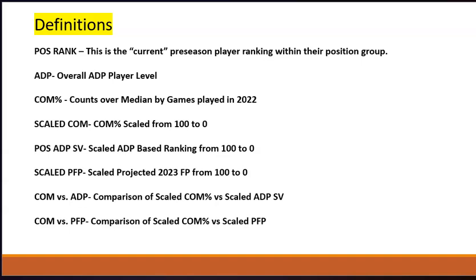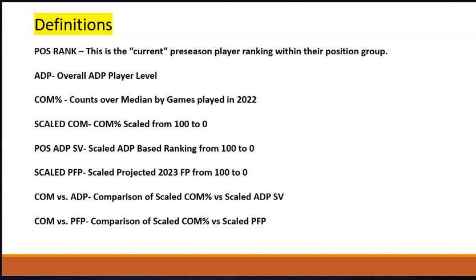I put it on a scale, which I call scale com, from 0, worst, to 100. Every player is ranked high to low, and it's important to see that scale, because when I put other metrics on the same scale, it allows us to look across all the metrics and see where players fall. So I have positional ADP scaled value, SV, again 1 to 100.